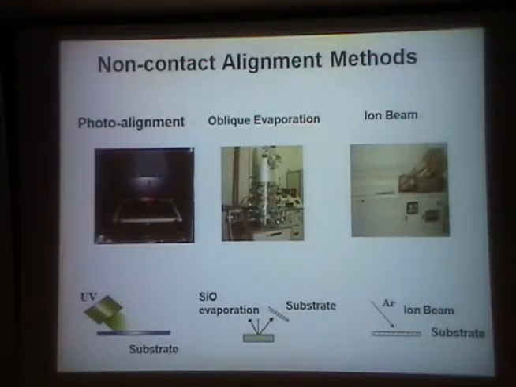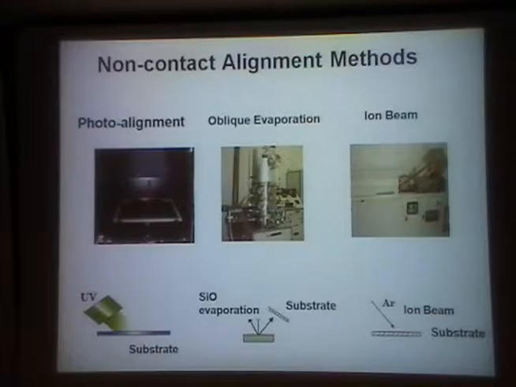There are many techniques to make a pattern. Surface alignment, photo alignment, which is the subject matter of this talk, is currently the most popular way to process the surface in a non-contact manner.